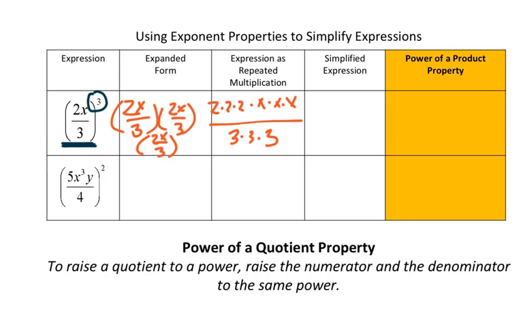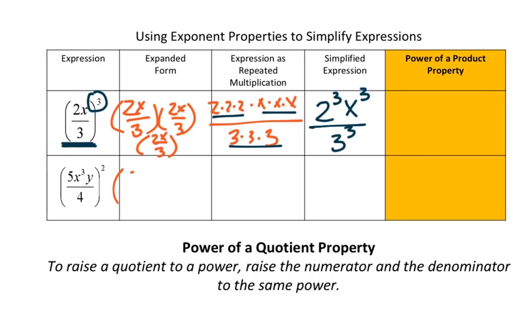I'm going to simplify it, which means I'm going to see how many factors I have. 2 to the 3rd power, x to the 3rd power, and then 3 to the 3rd power. Let's look at the next one. You ready? Okay, so we have 5x to the 3rd power y over 4 times 2. So it's going to look like this.